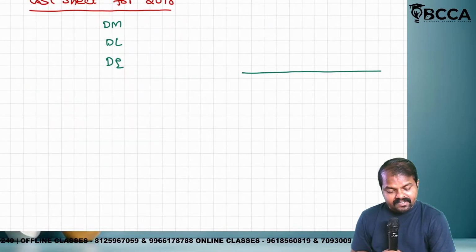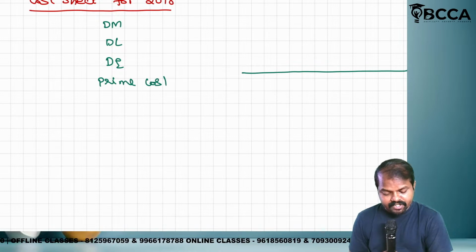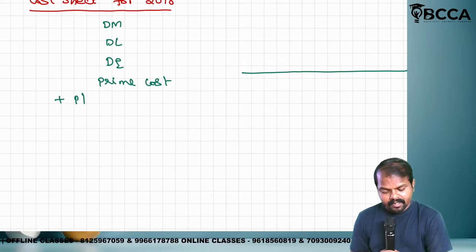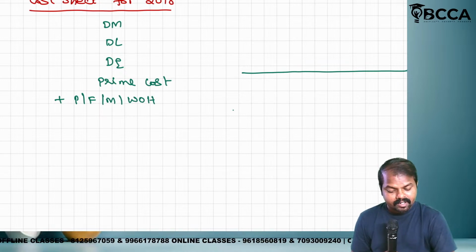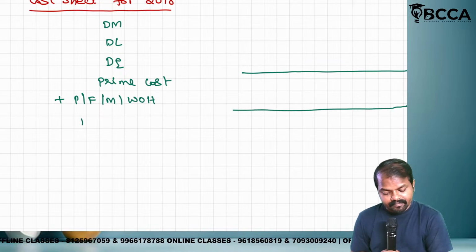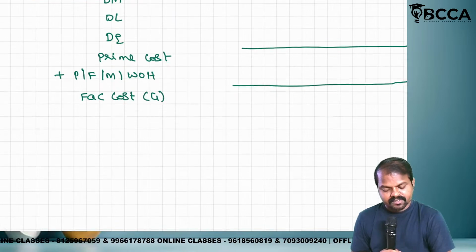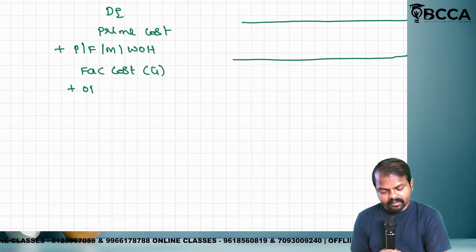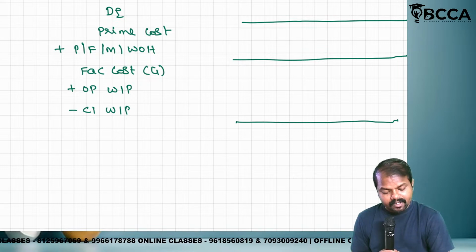The result will be referred to as prime cost. Plus factory or works overhead. The result is factory cost gross, plus opening stock of work in progress, minus closing stock of work in progress. The result is factory cost net.